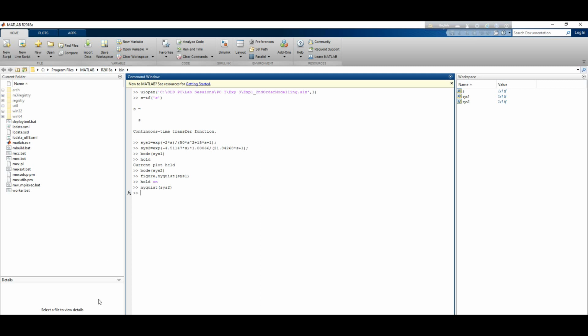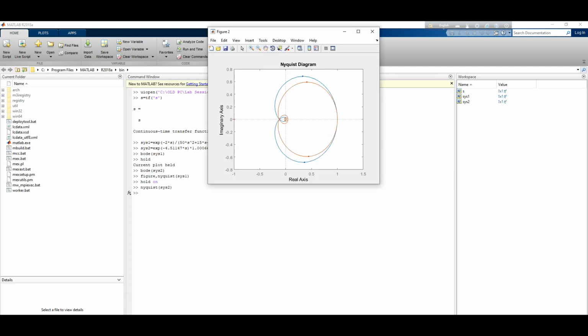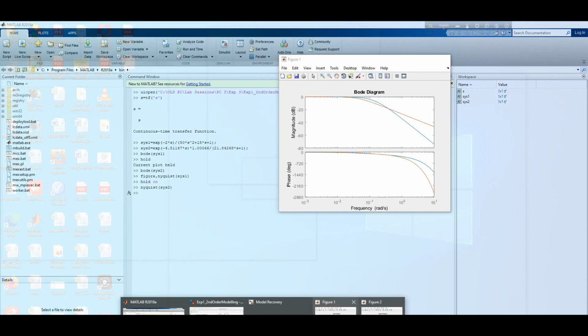Both the Nyquist plots have been plotted, as well as the Bode plots also.